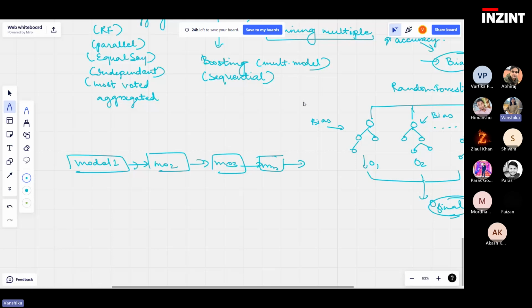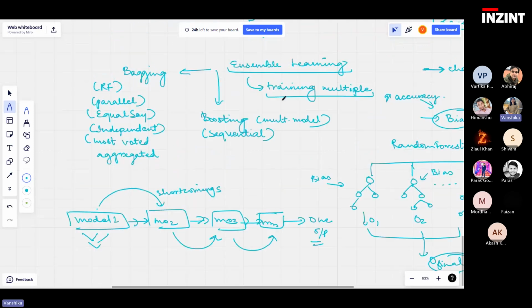Each model works to overcome the shortcomings of the previous model. Whatever this model is doing incorrectly or is not able to do, that would be corrected by model two. Similarly, one after the other, the model improves and generates one single output.